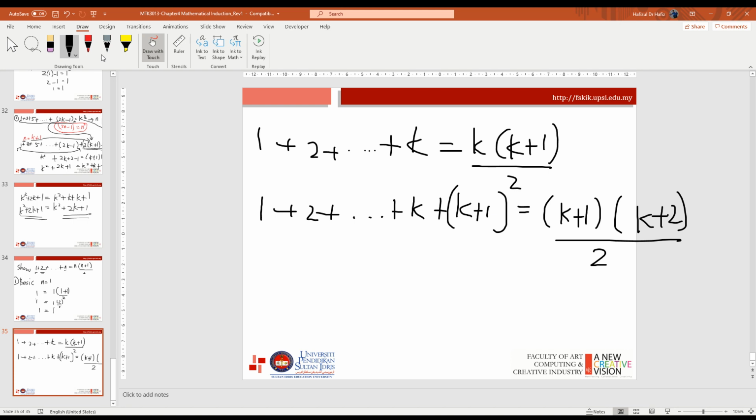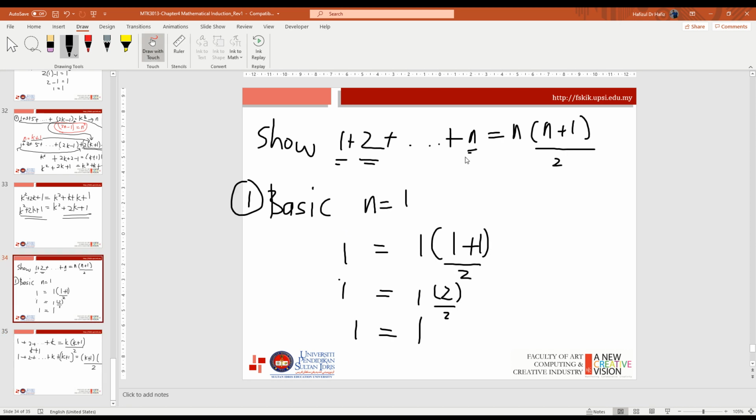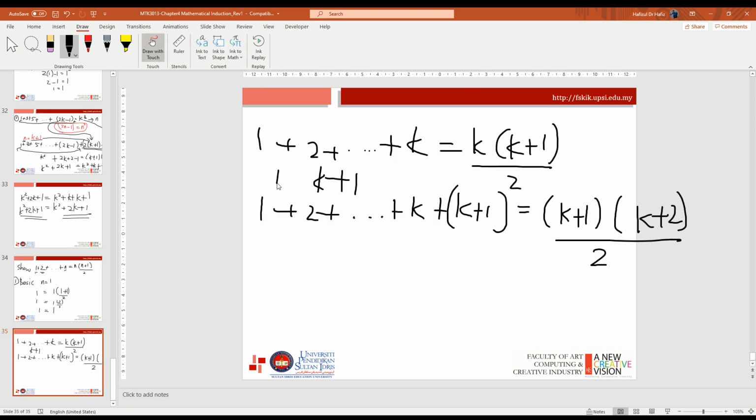Okay, yang ni kita nak gantikan dengan K plus 1. N, kita nak gantikan dengan N. So 1, 2, 3, K plus 1, 1, 2, 3 ni kita nak gantikan dia.